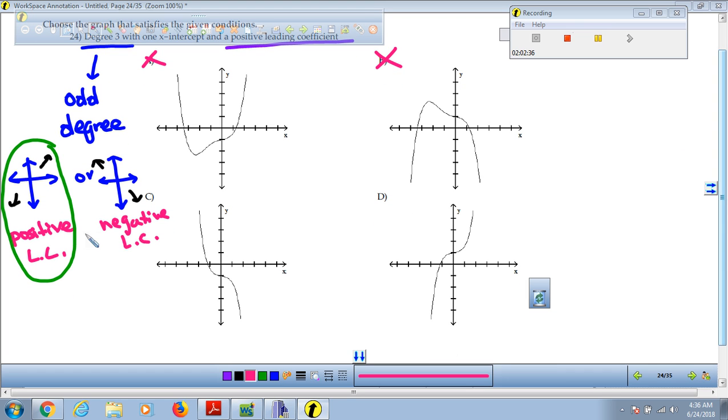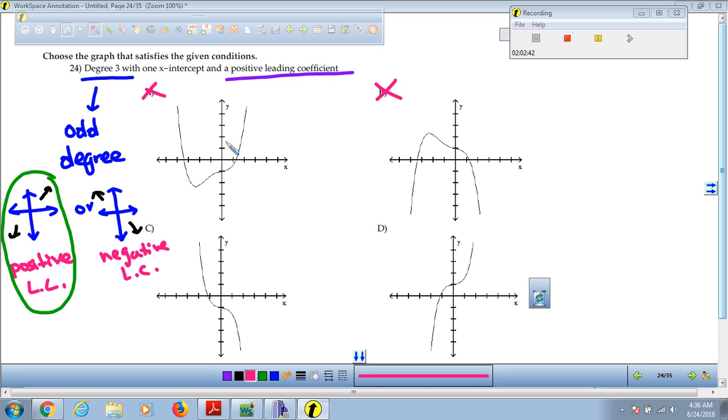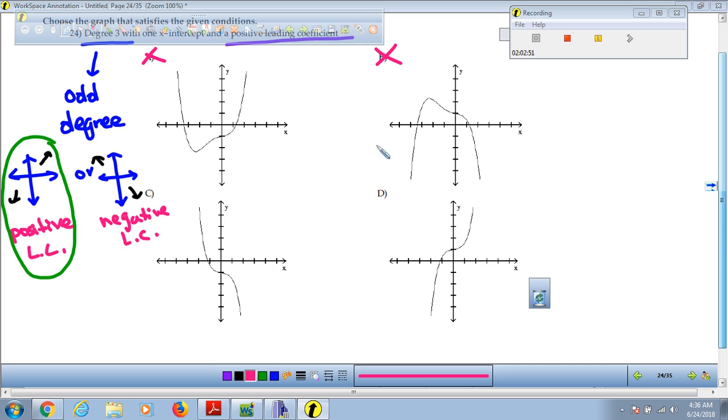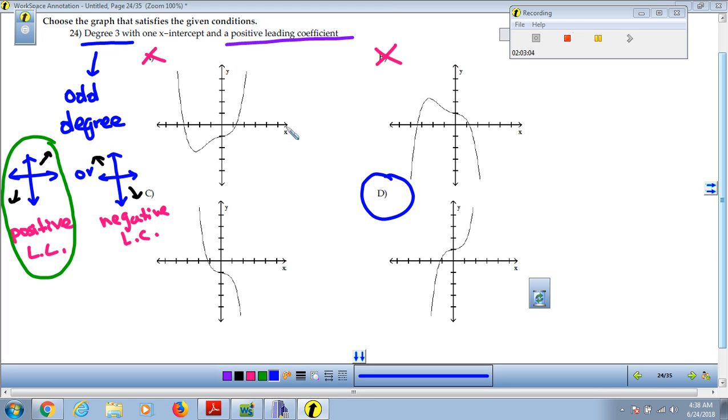Plus it says with 1 x-intercept. So that means it crosses the x-axis only once, and C and D cross the x-axis only one time. A and B were crossing 2 times each, so that's another reason those couldn't be. So then it's going to be D, right? This is an easy one, just knowing the concepts, right?